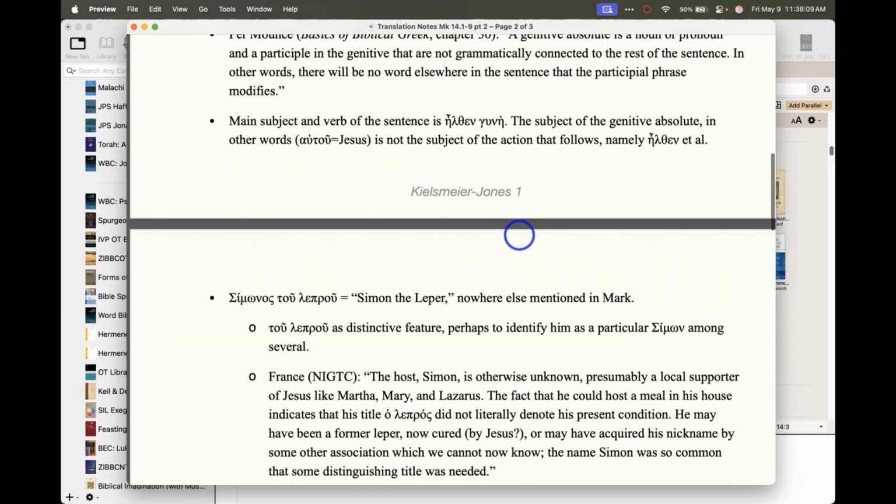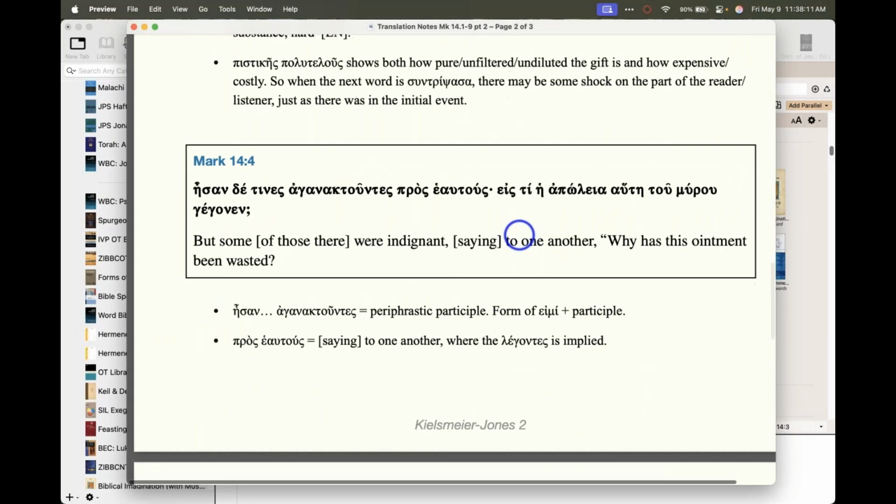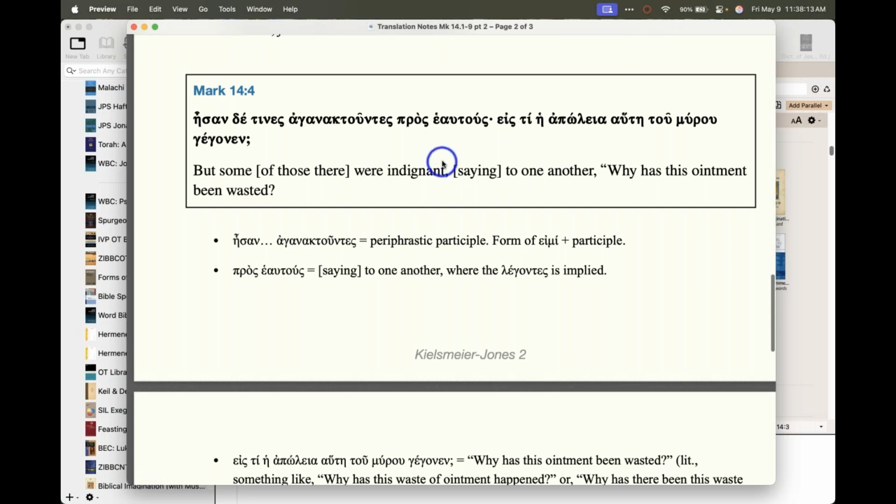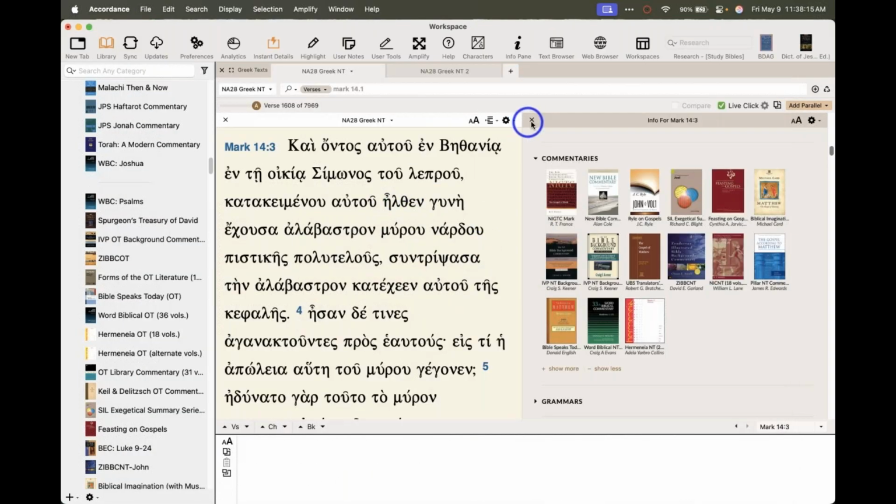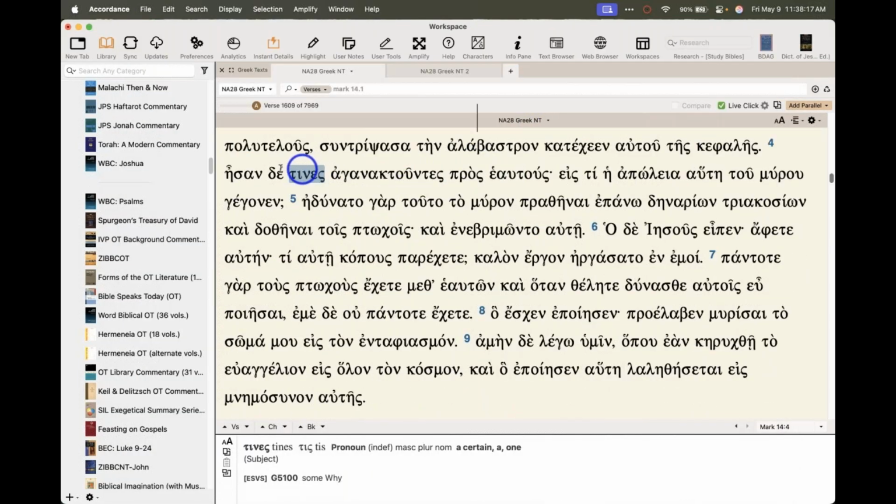All right, on to verse 4. So the reaction, well, we can see this coming. Let's go to the Greek. Esan de tines aganaktountes pros heautous. Eis ti he apoleia haute tou myrou gegonen. Let's go left to right.